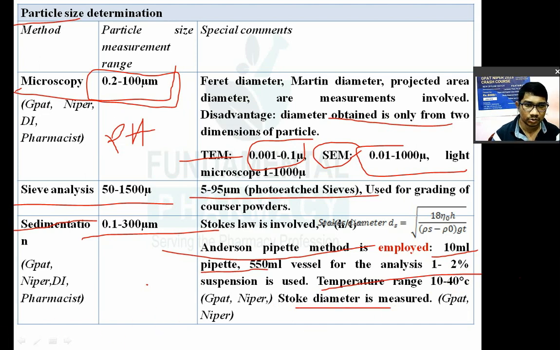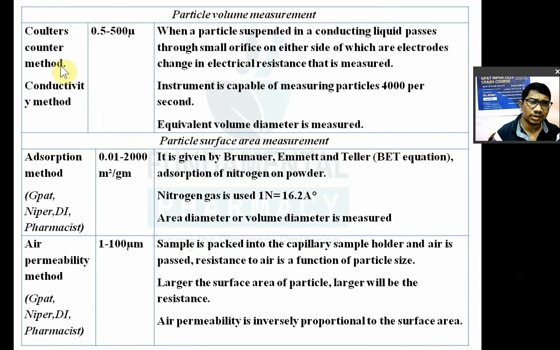How is the process? Now by using the Coulter counter method you can measure the particle size in a range of 0.2 to 500 micron. When a particle is suspended in a conducting liquid medium containing sodium chloride or salt solution and is passed through a small orifice, on either side of this orifice there are electrodes. When only sodium chloride solution passes through that orifice there is conductance of electricity, but when a particle passes through that orifice, the particle opposes the conduction, so it decreases the conduction, meaning it increases the resistance.